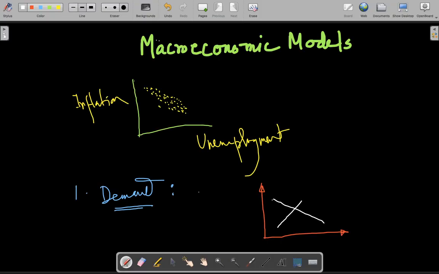And this is my supply curve, with price and quantity on the axes. Now suppose I have a change in demand. Suppose there is a shift in the demand curve, and if I draw the shift here, suppose for some reason the demand has increased.